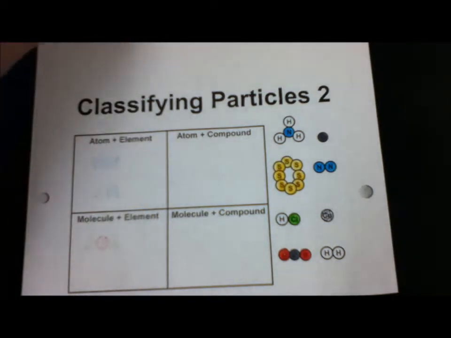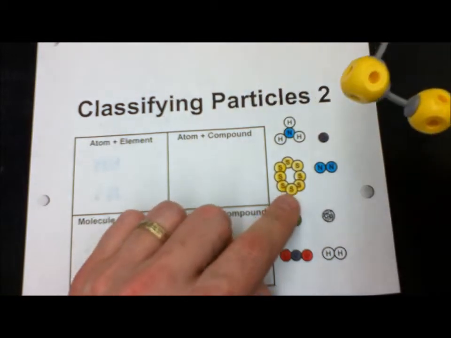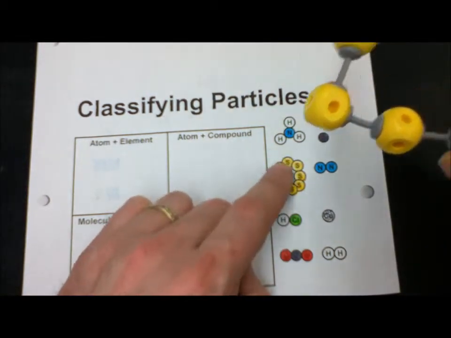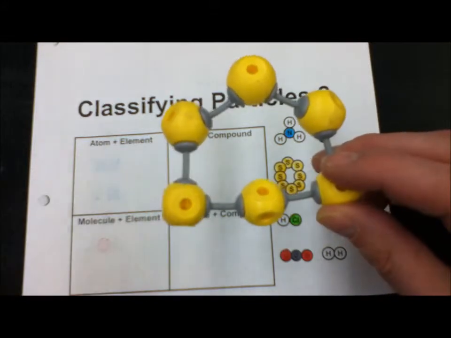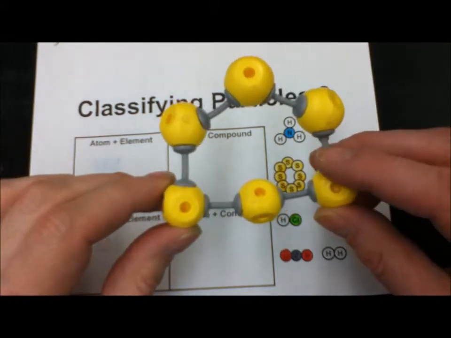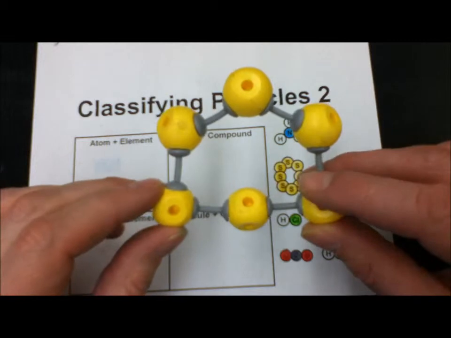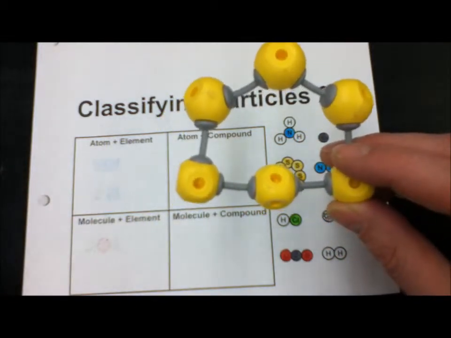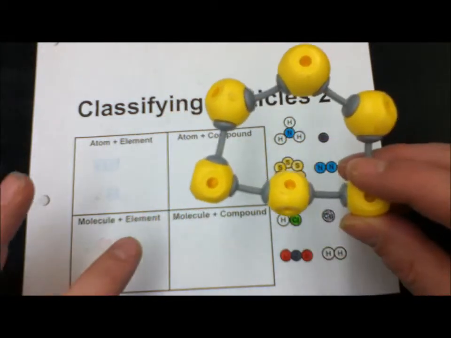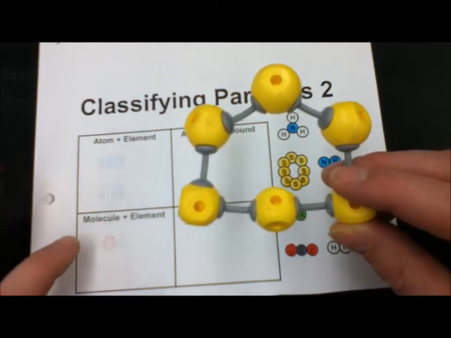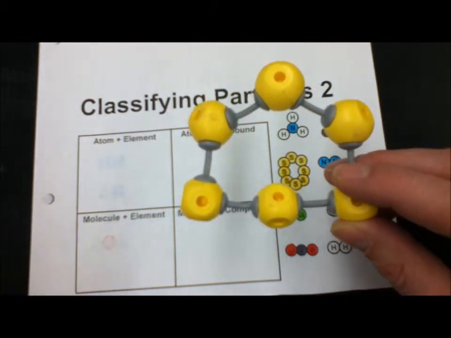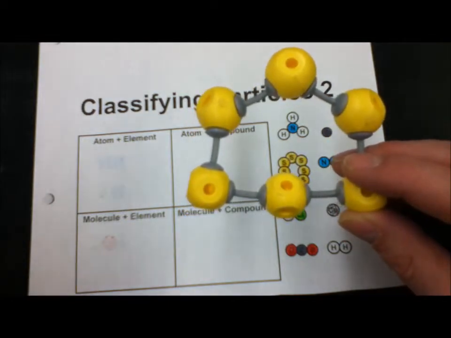The next one is this guy. Now I know your drawing has 8 sulfurs joined in a ring. I couldn't find enough atoms, so we'll just assume that a sulfur particle kind of looks like that. So where do you think it belongs? Well, it actually belongs right here as a molecule and element. The reason is, a molecule is 2 or more atoms joined together.